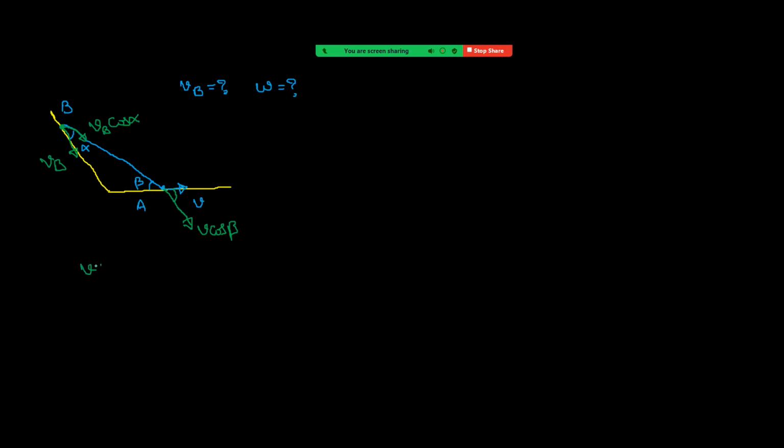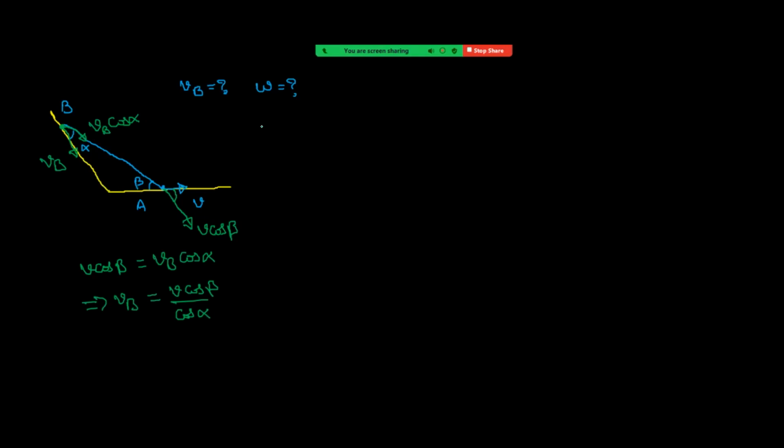Therefore, V cos beta should be equal to VB cos alpha. From that, we are going to get the VB value, that is V cos beta upon cos alpha.